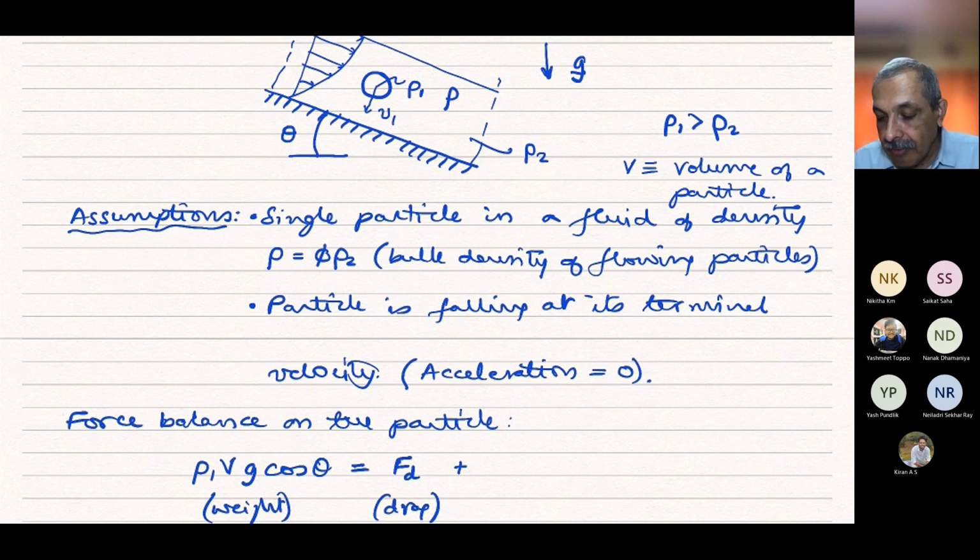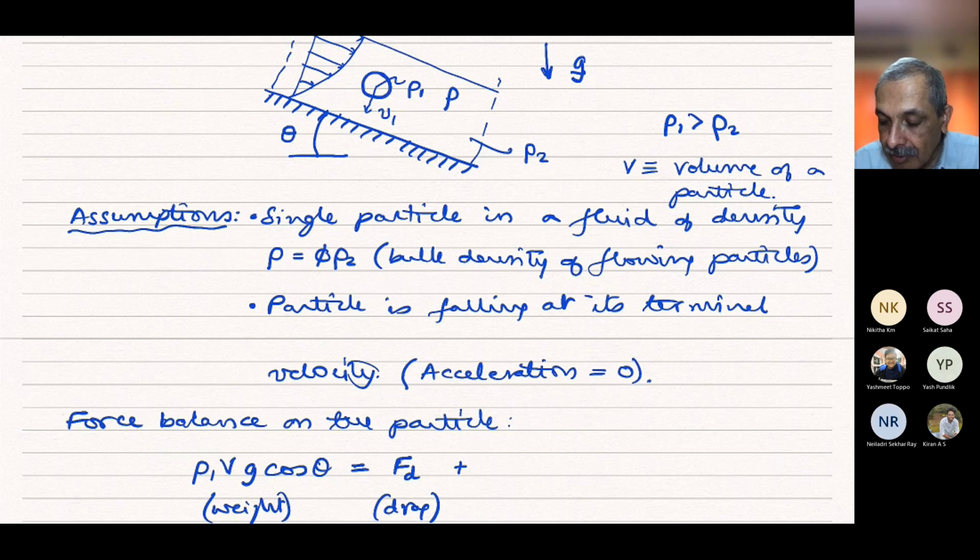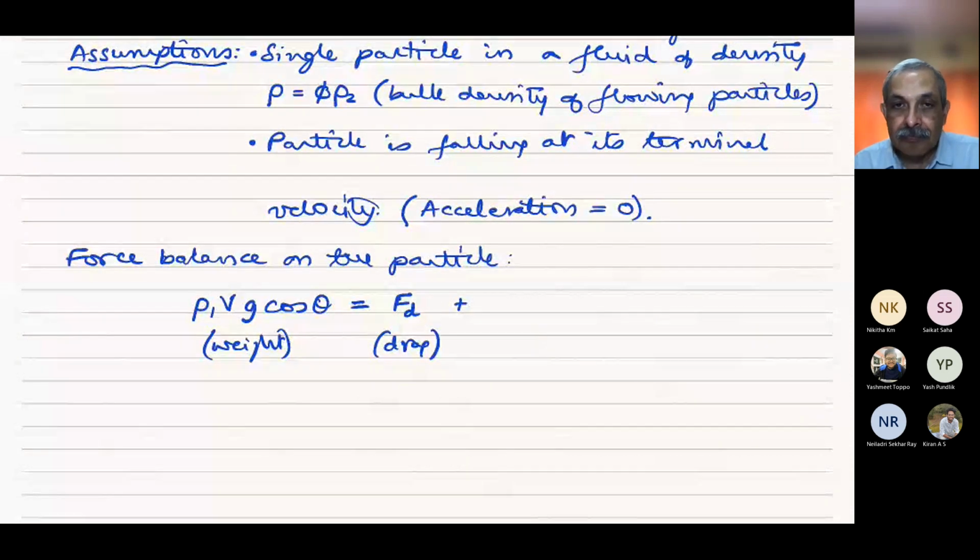And you know that whenever you have a pressure gradient, what you will find is that the total pressure on the upper surface, if you integrate this whole thing, the force acting downward is going to be less than the force acting upward because of the pressure acting below, since the pressure is increasing with depth. So as a result of that, you will have an upward force, which is the buoyancy force that is acting upward.